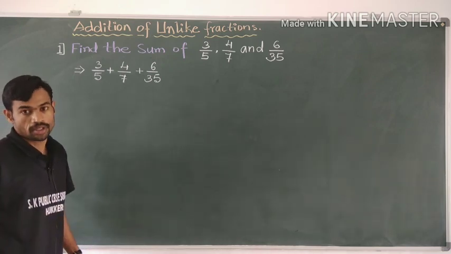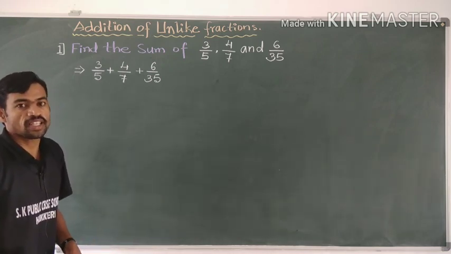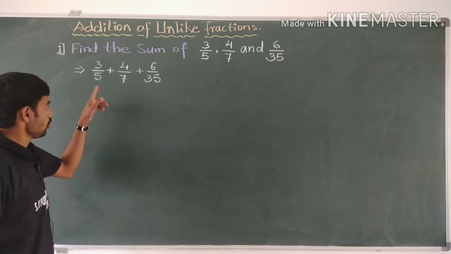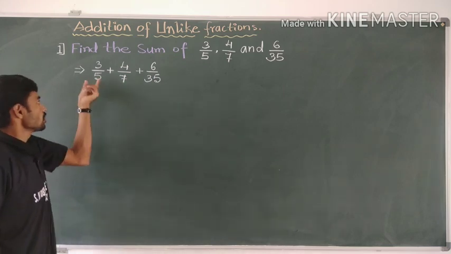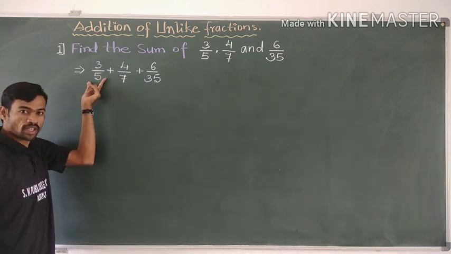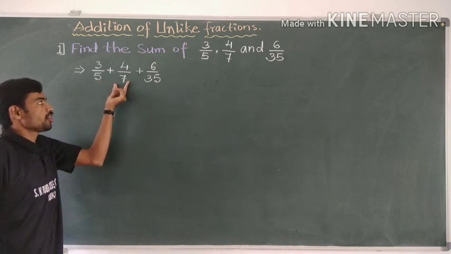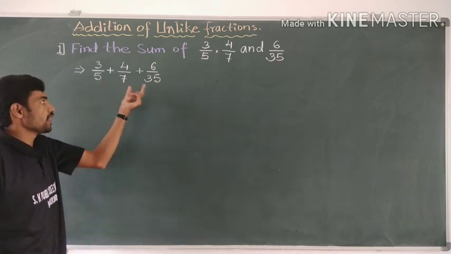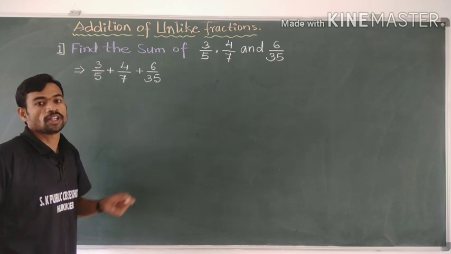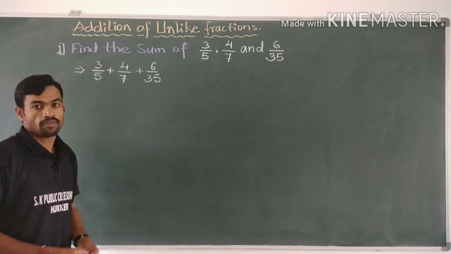How to convert? Here we have to see the denominators of each fraction. The denominator of the first fraction is 5, the second is 7, and the third is 35.